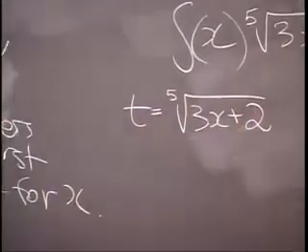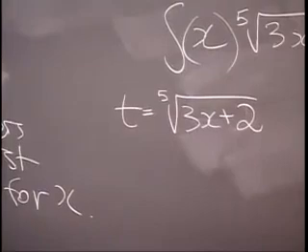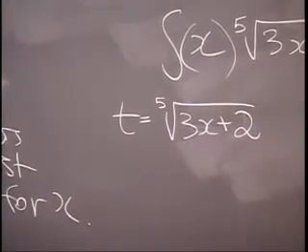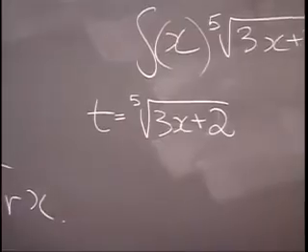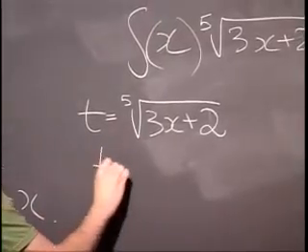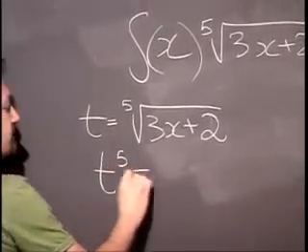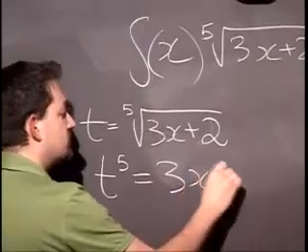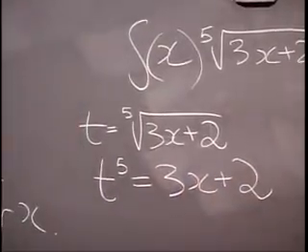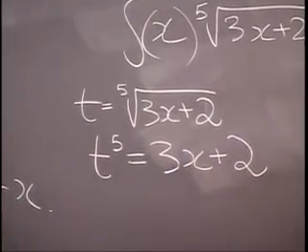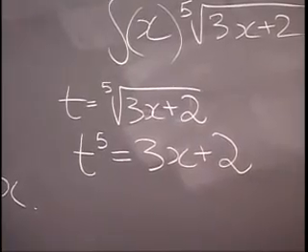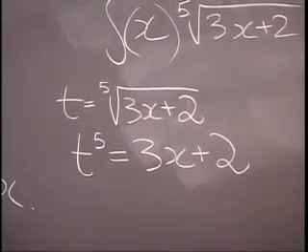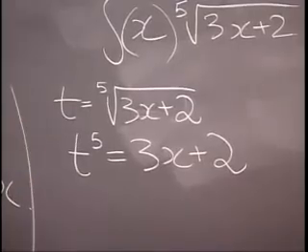Now, I could just differentiate, but I can be snazzier if I follow the extra piece of advice and take the fifth power in this case. So suppose I do that. I get t to the 5 is 3x plus 2. I could actually solve this for x, and I probably will in a few seconds, but I just want to point out that you can differentiate this at this point.